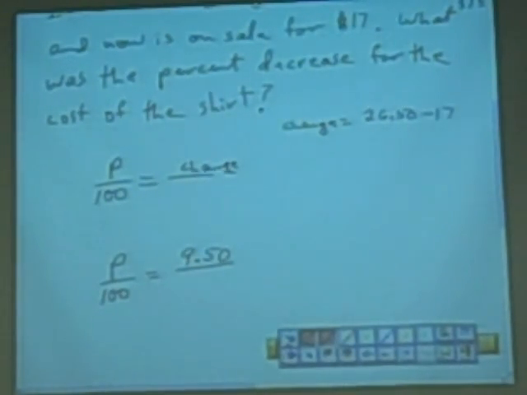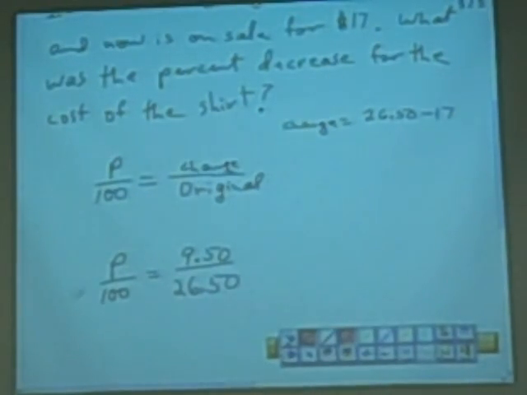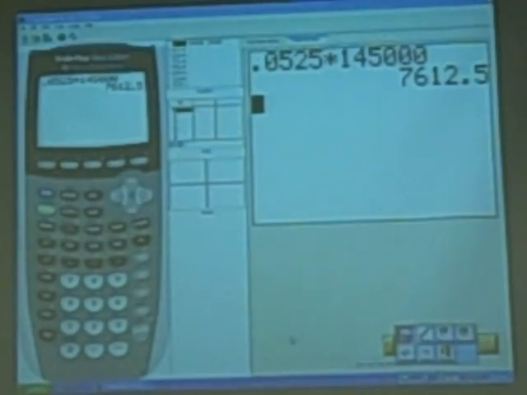Over our original. I don't want to use amount because now it's confusing with what we did last. We're looking at our original, which before we were looking at as the base, right? Okay, so we've got 950 divided by 2650, right? And what are we doing with our 100? Well, let's see what we got. 950 divided by 2650.